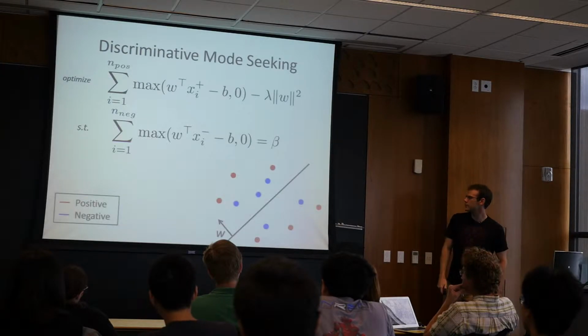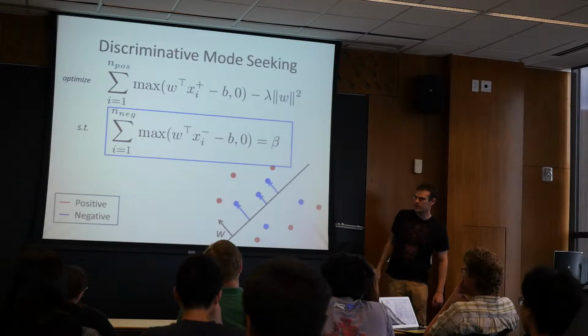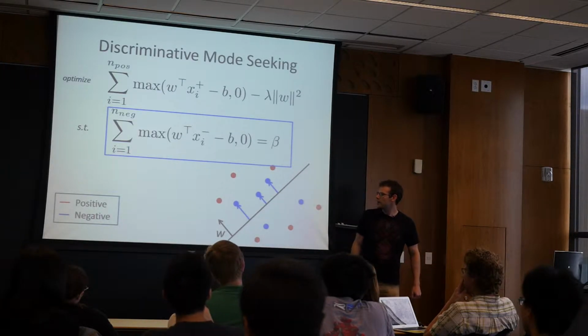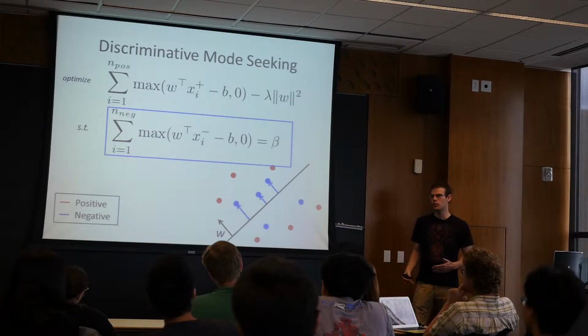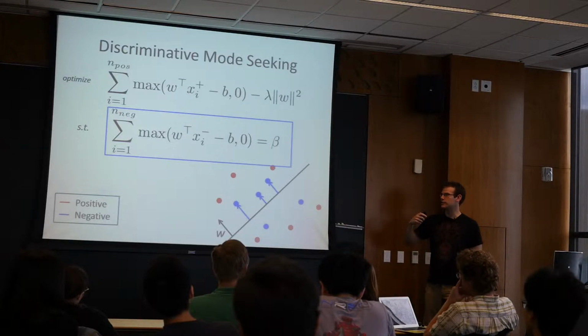So to build on that analogy, here's some toy data. This constraint here is putting a constraint on the sum of the distances between the hyperplane and those distances. So this is exactly the margin that a soft margin SVM would be penalizing. But we just use a hard constraint rather than a penalty.